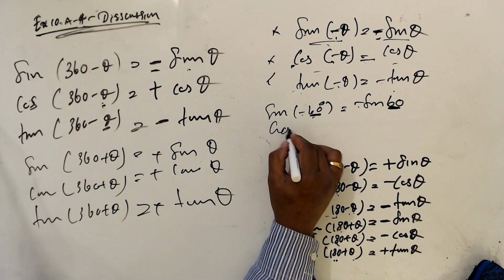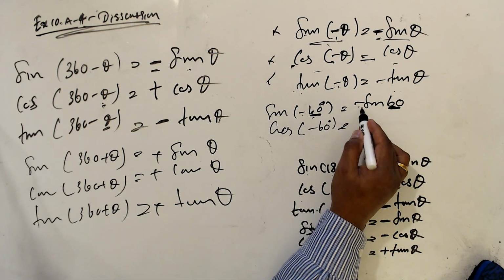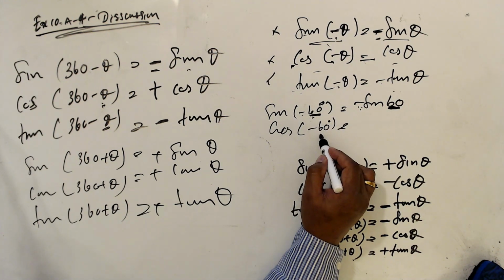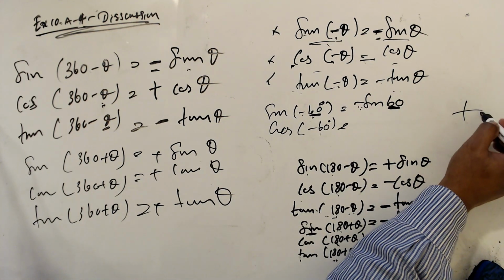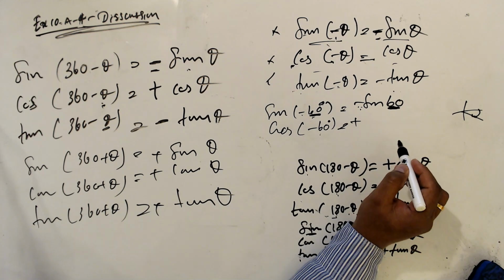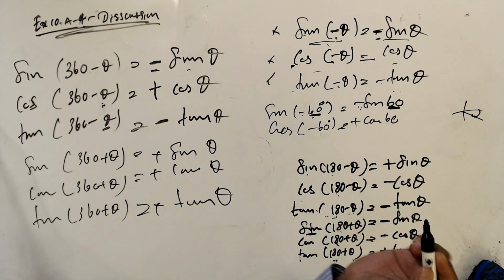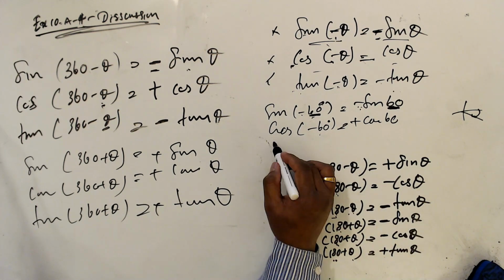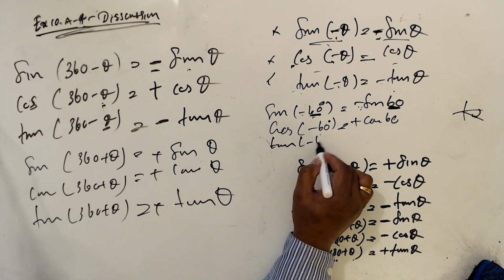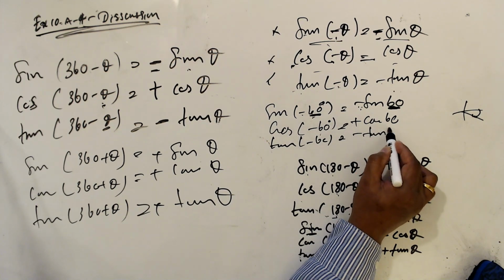And cos minus 60. Now it is not minus, because minus 60 is in the fourth quadrant, where cos is positive. So cos 60. And tan minus 60 means the same, minus tan 60.